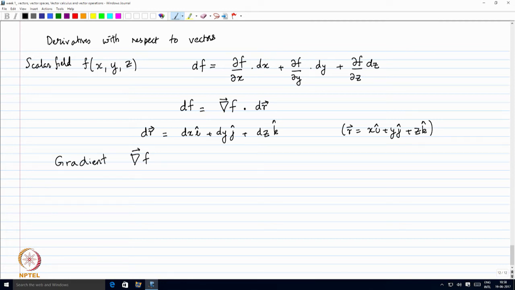Okay. So, notice the components of dr are dx, dy and dz, and dx is multiplying df by dx, dy is multiplying df by dy, dz is multiplying df by dz. So, gradient f has components df by dx, df by dy and df by dz. So, I can write this as df by dx i plus df by dy j plus df by dz k.